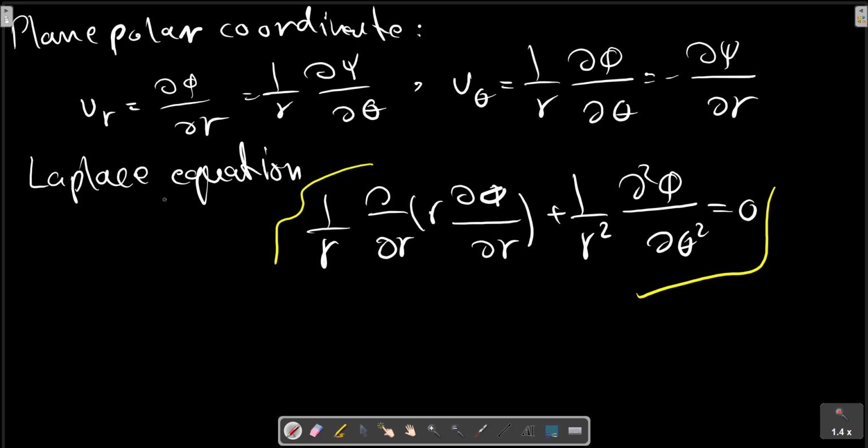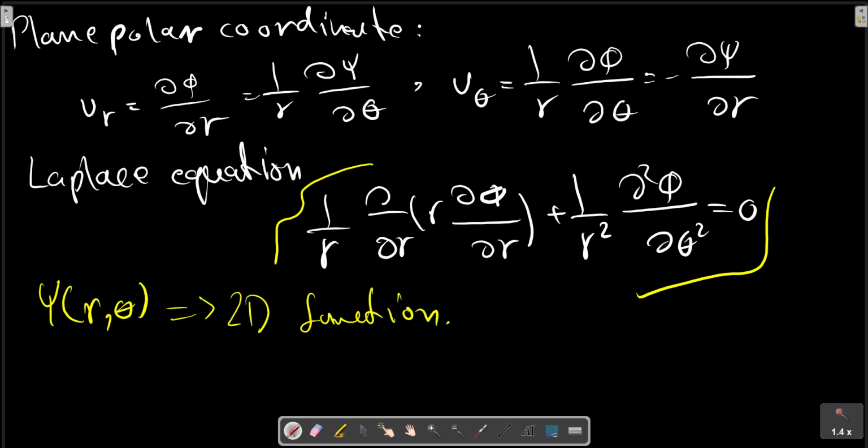Exactly the same equation holds there for the polar coordinates. Note that psi is a 2D function and it's applicable in 2D problems.